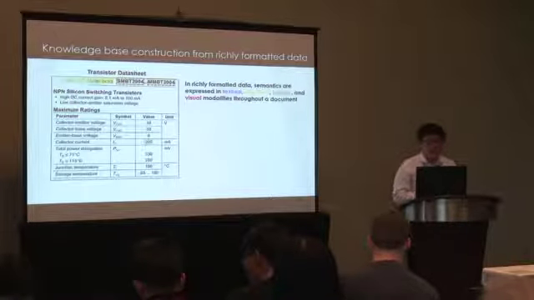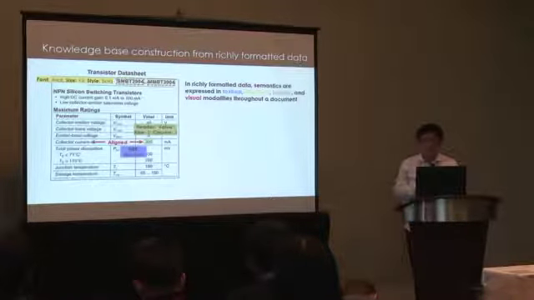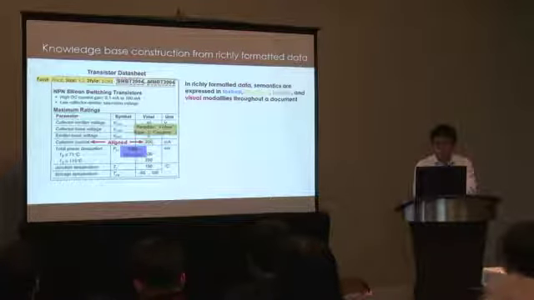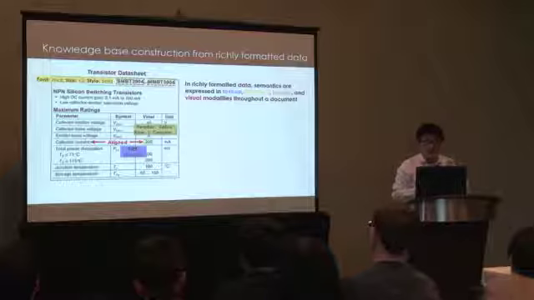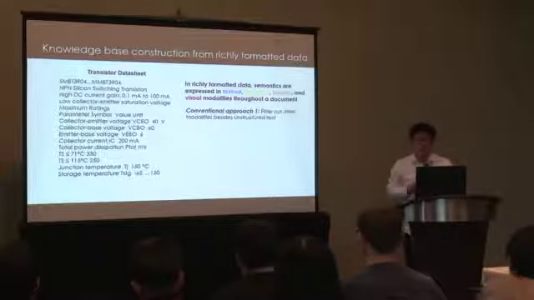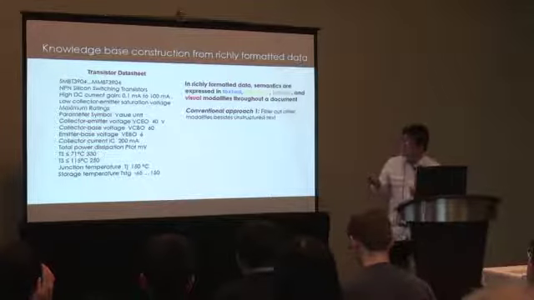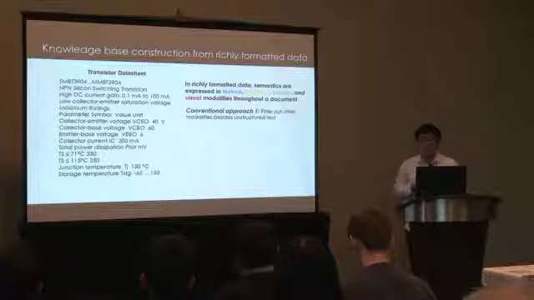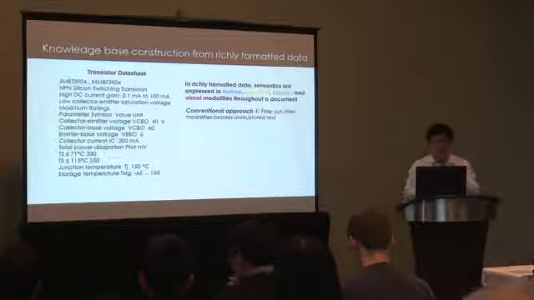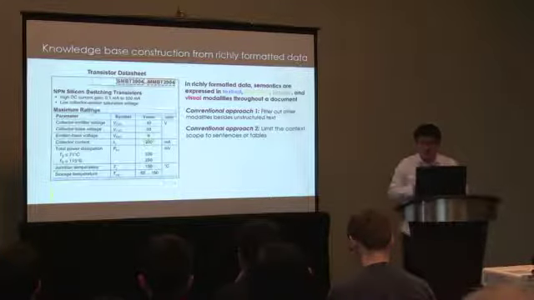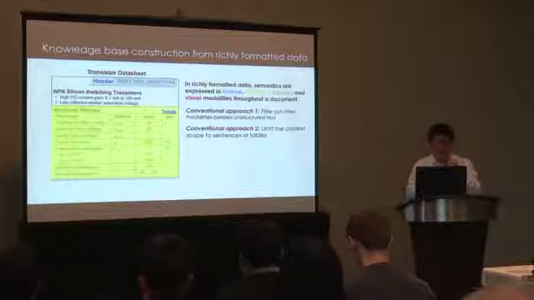With richly formatted data, semantics are expressed in multiple modalities. Some knowledge base construction systems simply filter out those non-textual signals and interpret the document as unstructured text. Others try to manage the complexity of the task by limiting the context scope to just sentences or tables.